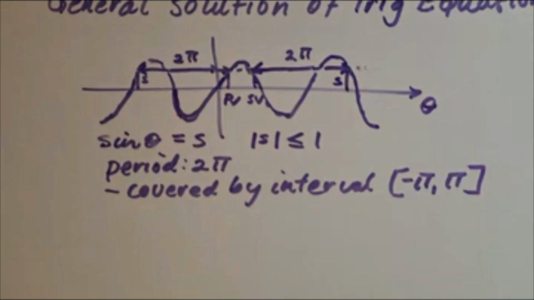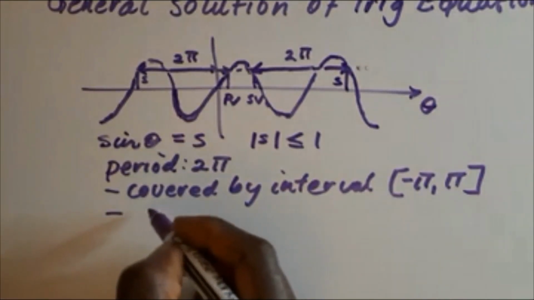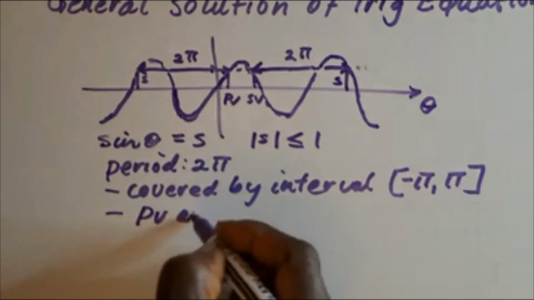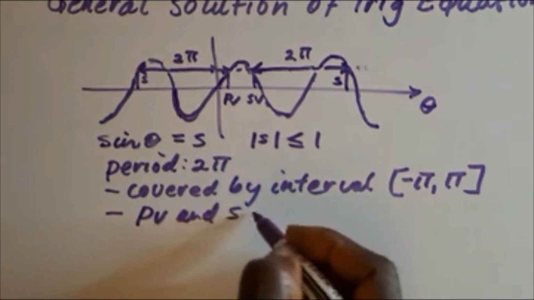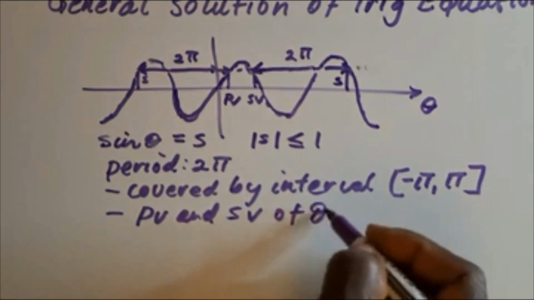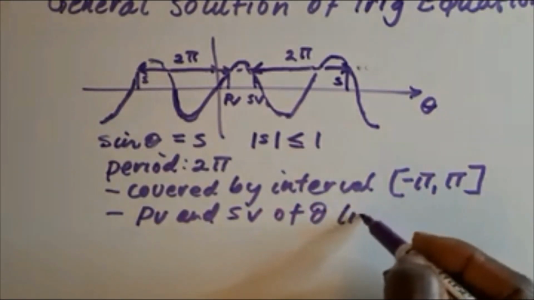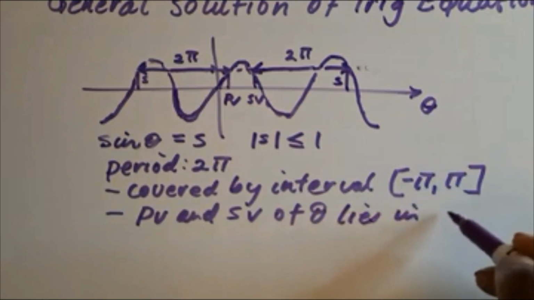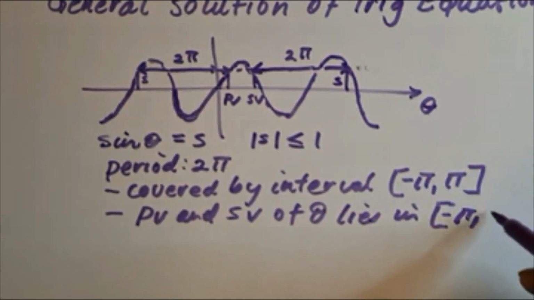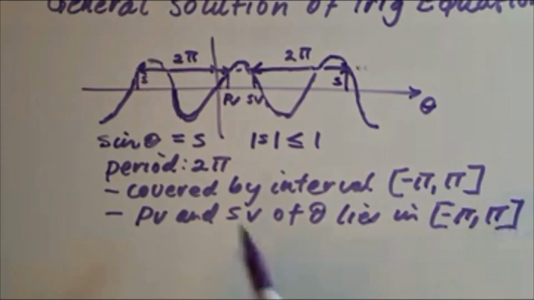Now, our principal value and secondary value of theta lie in this interval, as you can see on the graph.